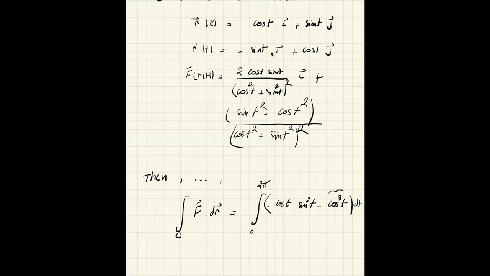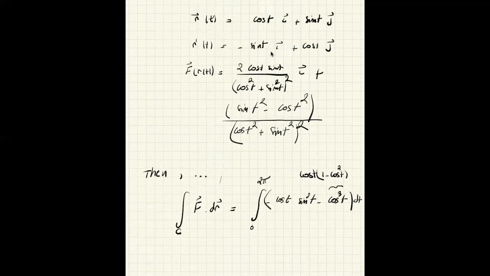Then you just substitute, and they will cancel out, and you will get the integral from 0 to 2 pi of cos t dt, and the good news is the whole thing is 0.